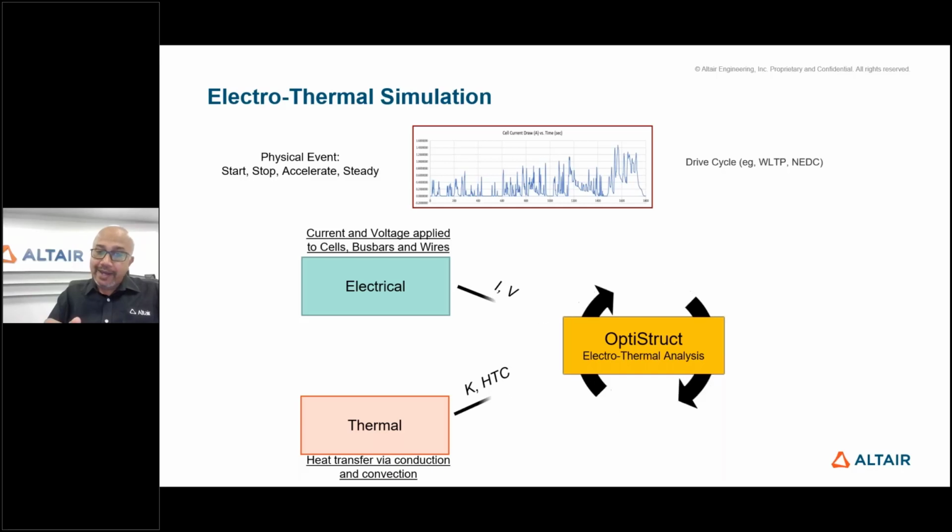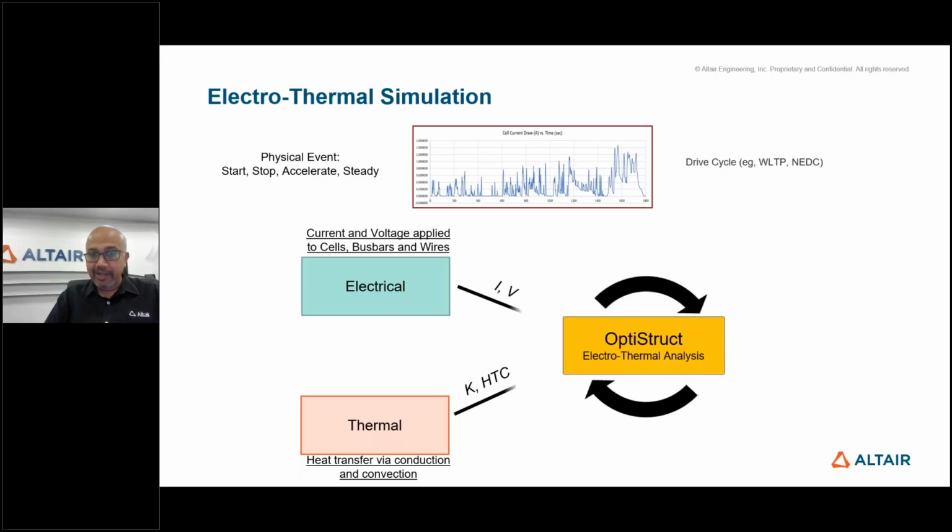So the idea here is that OptiStruct already had a thermomechanical multiphysics capability, with steady state, with transient, with nonlinear. So we were doing the thermomechanical simulation. Now the extension is the electrical loading, which can be voltage or current.